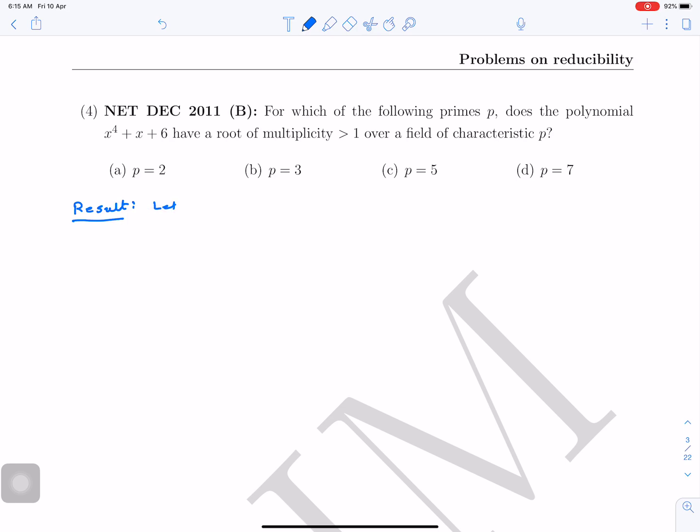Let f(x) be a polynomial over F, where F is a field.